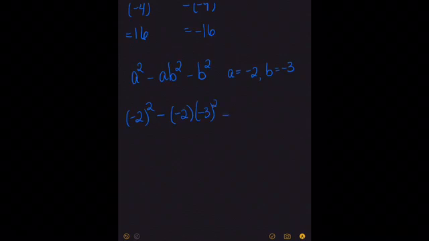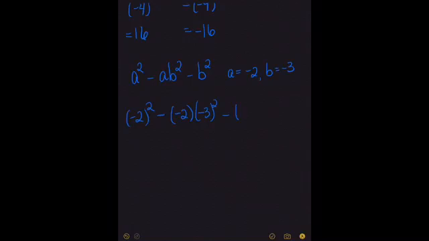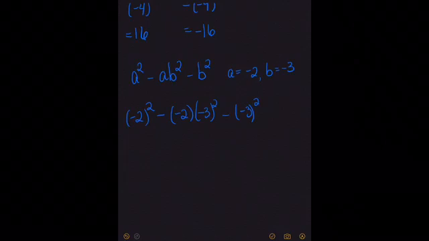Now notice I'm putting my negative and its value in the parentheses, but the minus signs I'm not putting in parentheses. So (-3) squared. Okay, so (-2) squared is -2 times -2, two negatives multiplied together equal a positive.